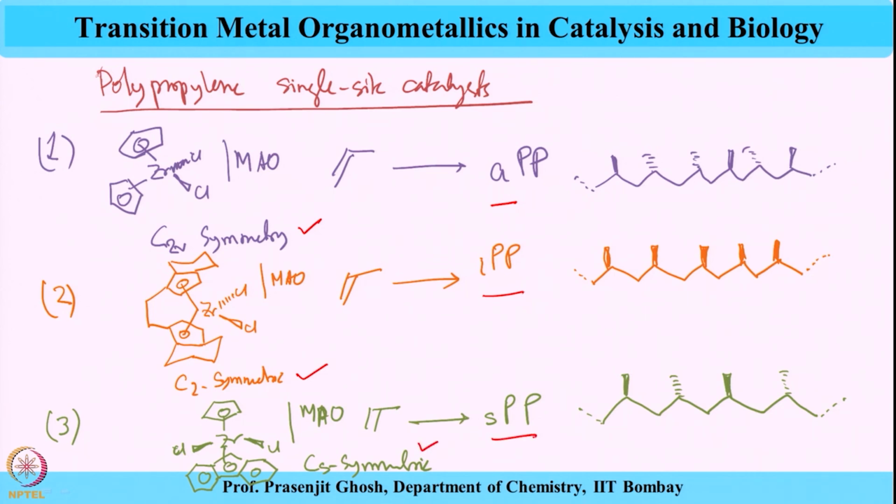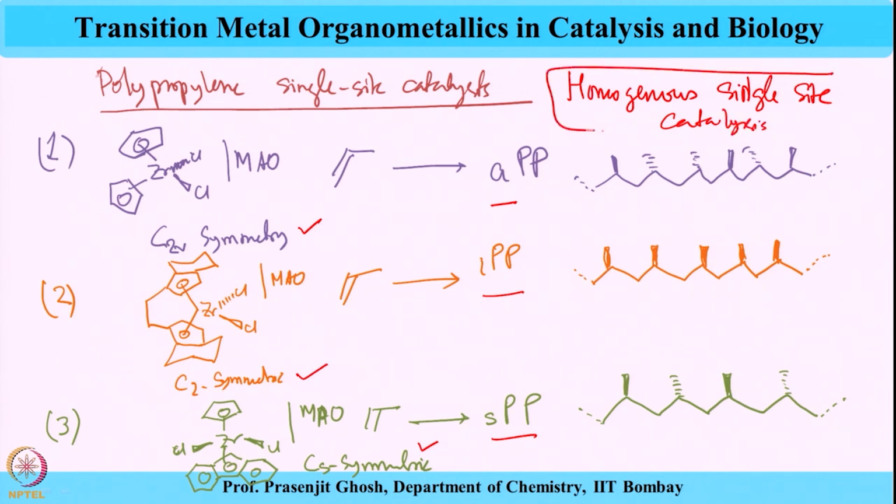So, this is the finest example of how designing of catalysts can lead to polymer of very high activity, with extremely narrow distribution range and extremely good properties that one wants to have in the polymer, and this has all been achieved using homogeneous single site catalysis.